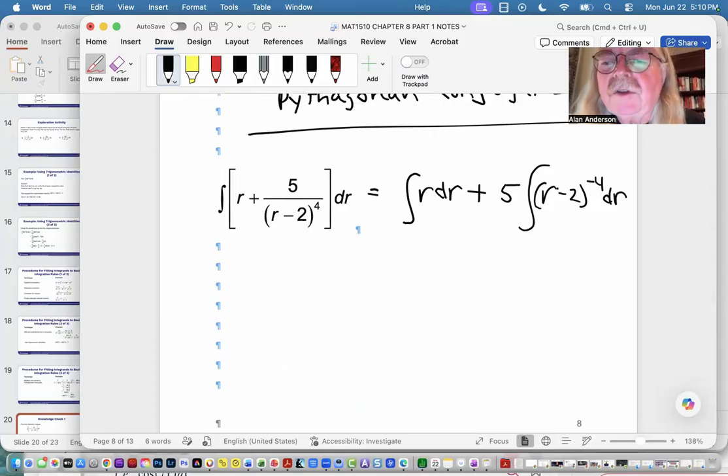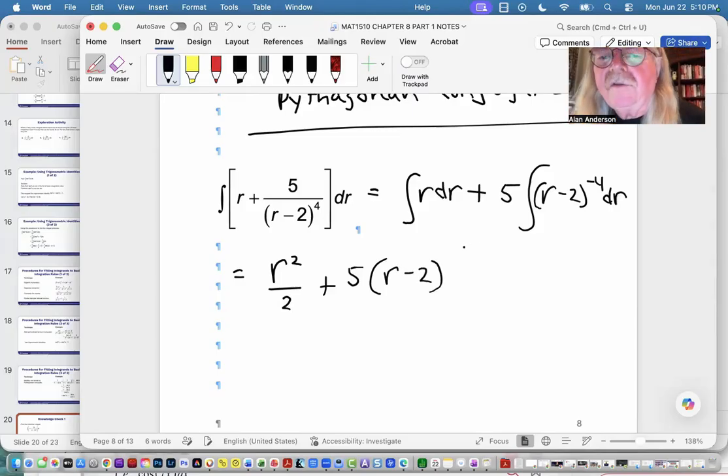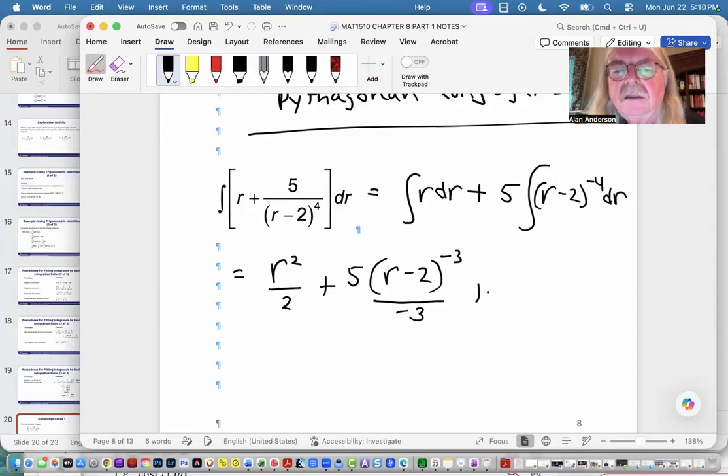So actually this one looks pretty promising because you're basically just going to apply the power rule in both cases. So when you add 1 to -4, of course, it becomes -3. And unless you want to simplify it, that's the answer.